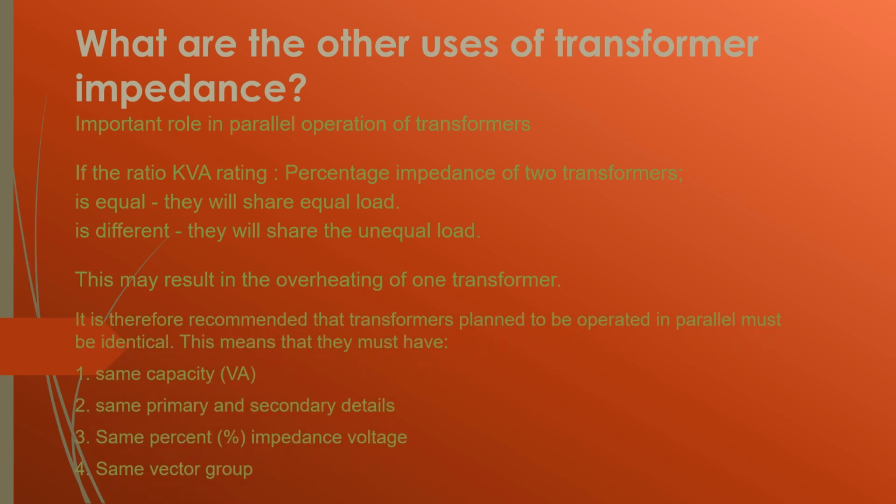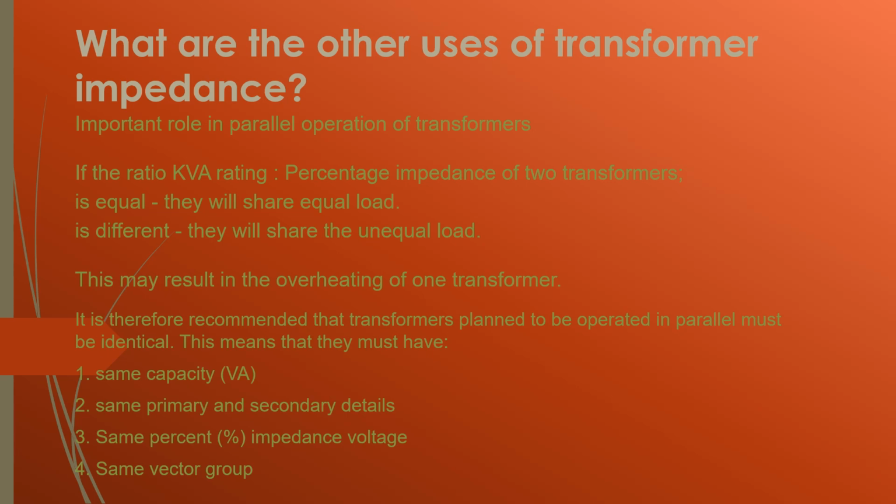Also, it is recommended that transformers planned to be operated in parallel must be identical. What does identical mean? Number one, they must have the same capacity. They should have the same kVA, same MVA, or same VA.